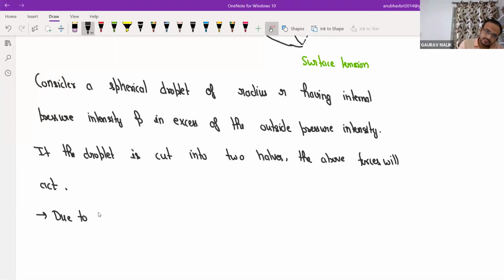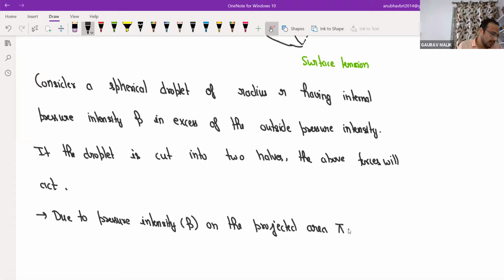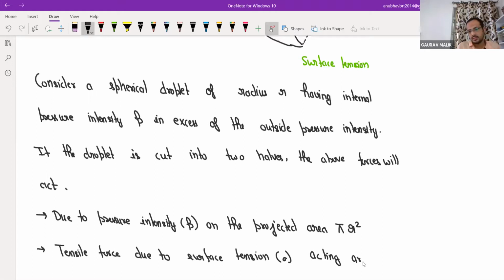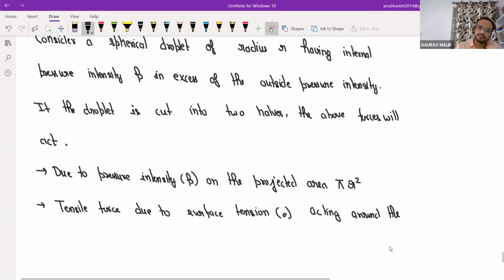Due to pressure intensity, that force acts on the projected area of pi r square, and the tensile force due to surface tension sigma acts around the circumference.